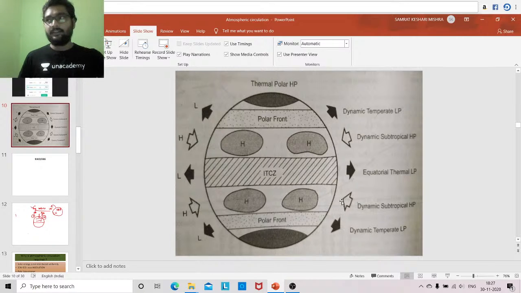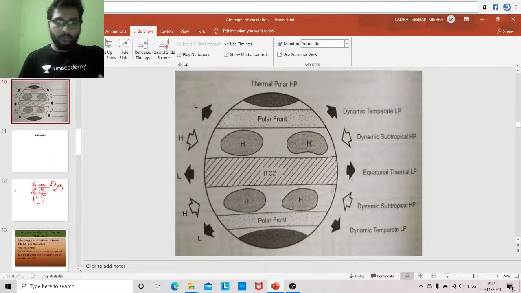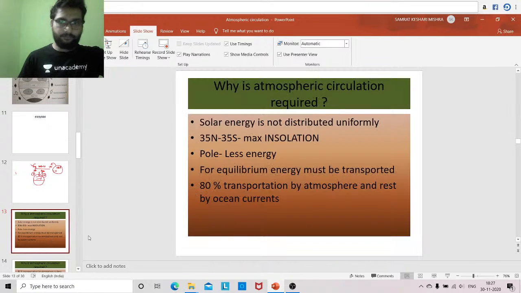We saw the thermally induced equatorial low, thermal high polar high pressure belt, and the dynamic subtropical high pressure, dynamic temperate low pressure belt also subpolar low pressure, and thermally polar high pressure, equatorial low pressure and the south polar high pressure.